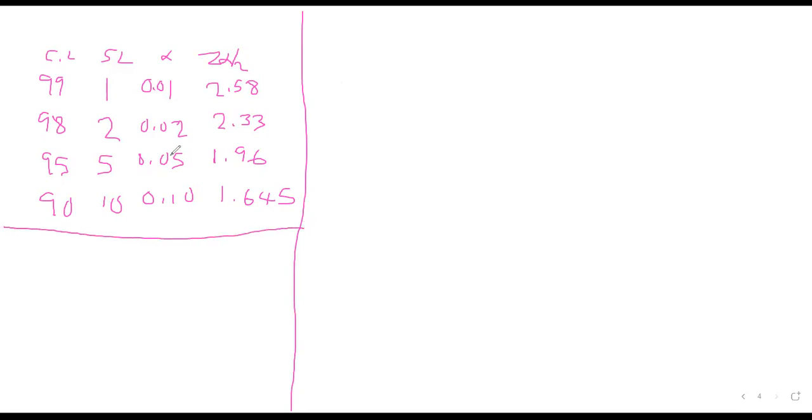If you say a newly-born baby weighs 3 kgs, that's an assumption. The formula we need to know is Z equals X bar minus mu over standard deviation over square root of N. We only use this when our N is greater than 30. N is the sample size.